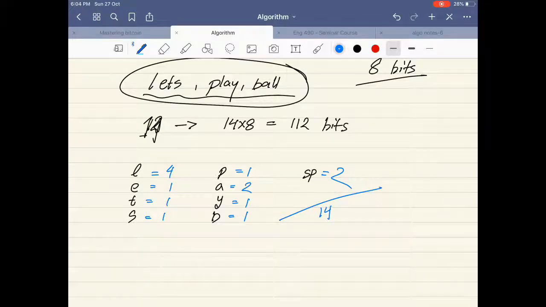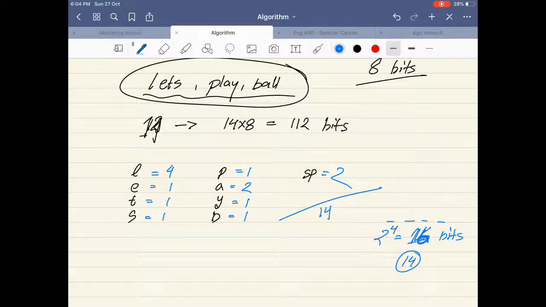Now to represent 14 characters uniquely, we need some amount of bits, right? So 2 to the power 4 would be 16 in binary, right? We have 14 characters, so it would have 16 possible combinations, but we only need 14.